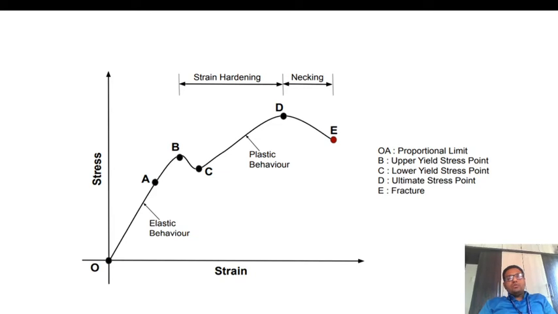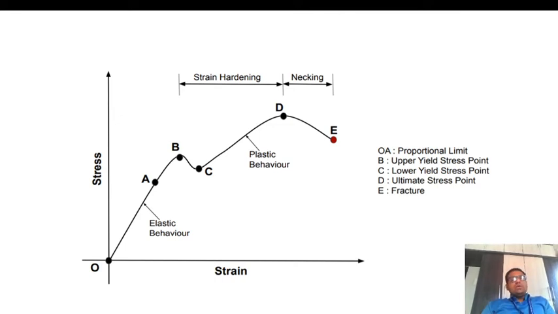So the main significance of elastic limit is that within an elastic limit point A, the material can regain its original shape and size on the removal of load. But after elastic limit point A, if the load is removed, then the body will not regain its original dimension and shape.